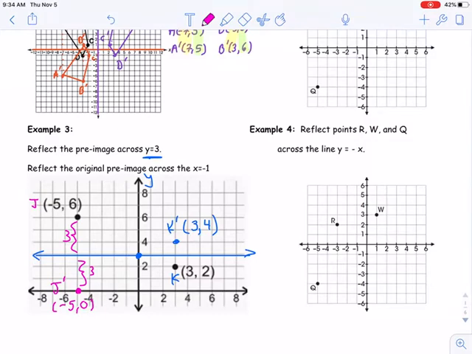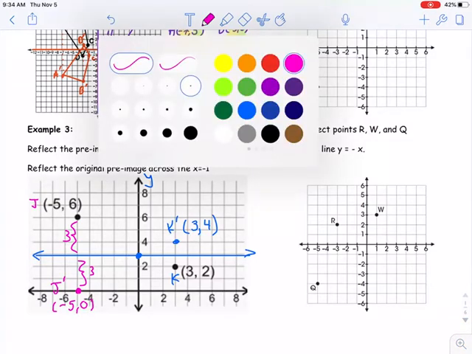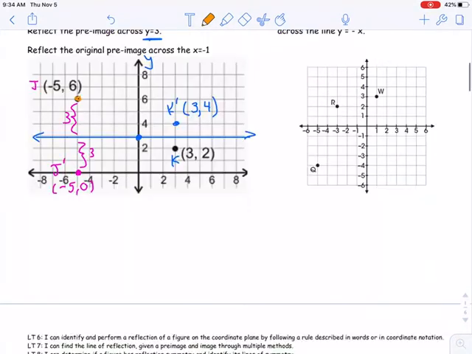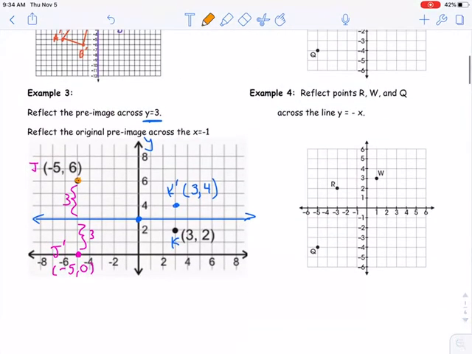Now let's cruise right along. Let's go over x equals -1, which is this point right here. Because this is the x-axis, and that's -1 right there. So J, -5, 6 is 1, 2, 3, 4 to the left. I need to put it 4 to the right. 1, 2, 3, 4.